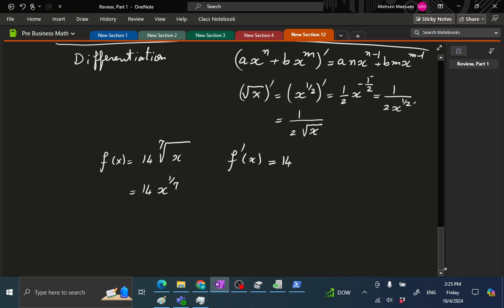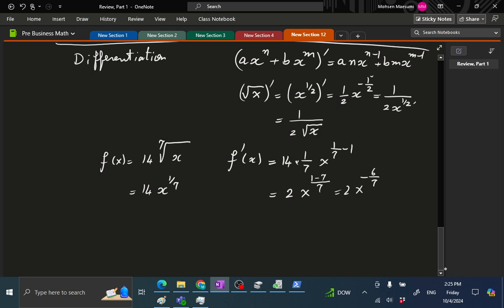So 14 times 1/7 times x to the power of 1/7 minus 1. Well, 14 times 1/7, that's 2. X to the power of, take a common denominator, 1 minus 7. So it becomes 2 times x to the power of minus 6/7.